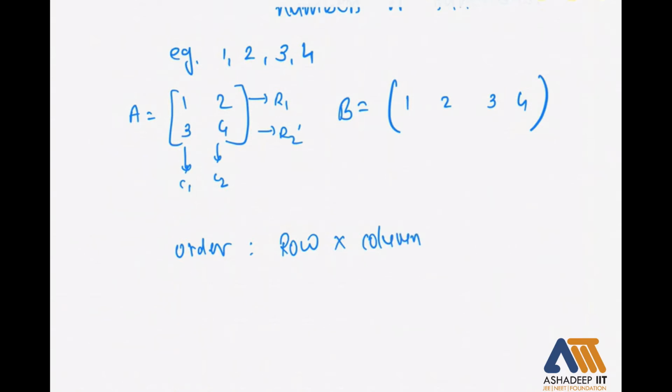So here there are 2 rows and 2 columns. So order of this matrix is 2 cross 2. Same way, in the matrix B there is only 1 row and 4 columns C1, C2, C3 and C4. So order of this matrix is 1 cross 4.